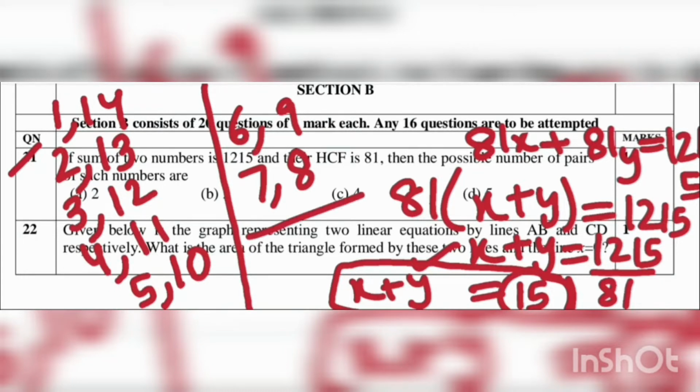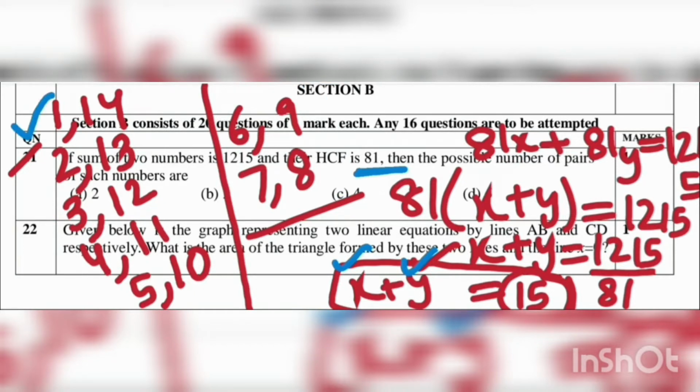Now we don't have to take all these pairs. We only have to select those which are co-prime, because we already know that the HCF is 81. Like 1 and 14 we can take, they are co-prime numbers.